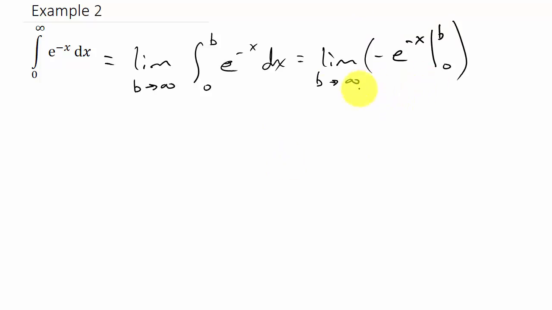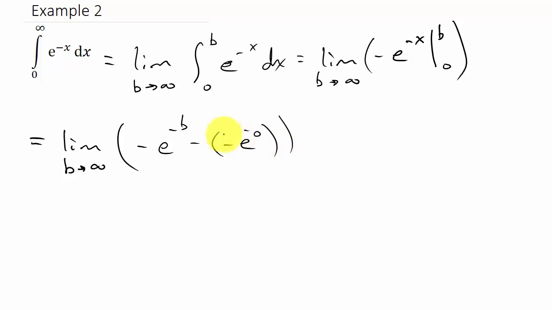Now I have the limit as b goes to infinity, and I'm going to evaluate it. That's going to be negative e to the negative b minus negative e to the negative 0.